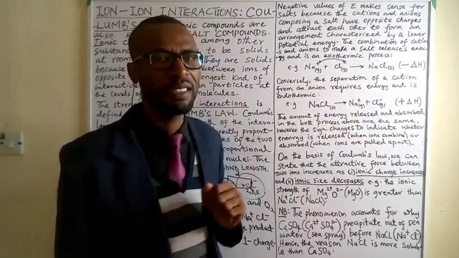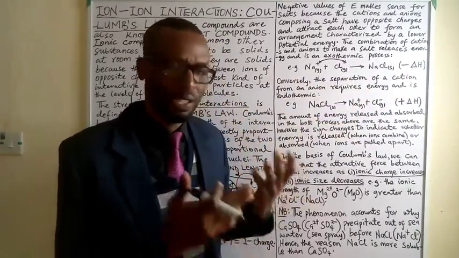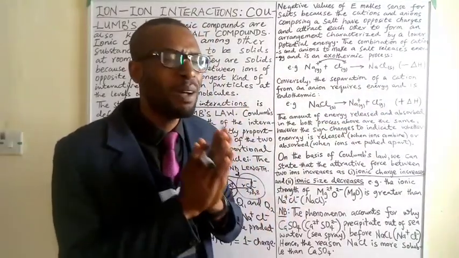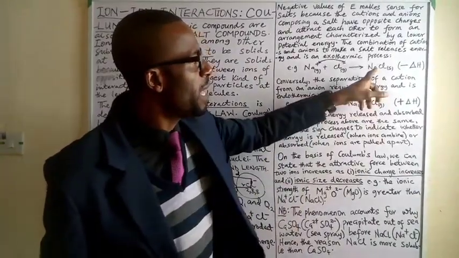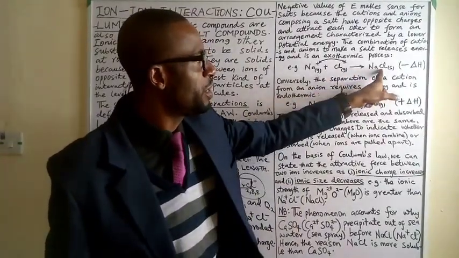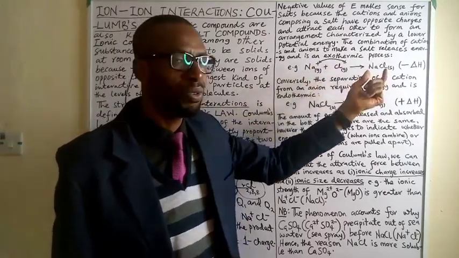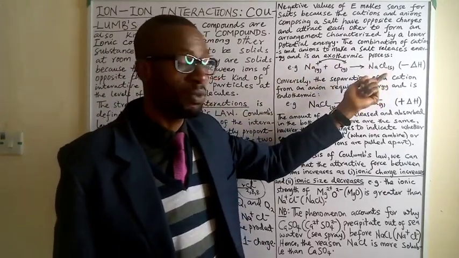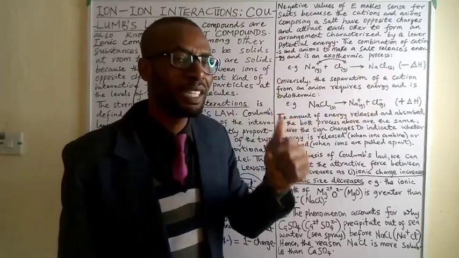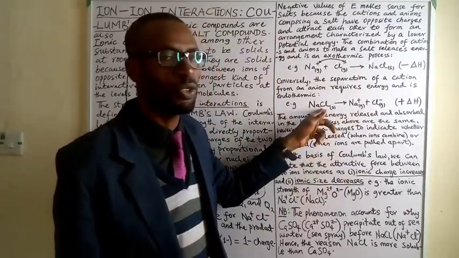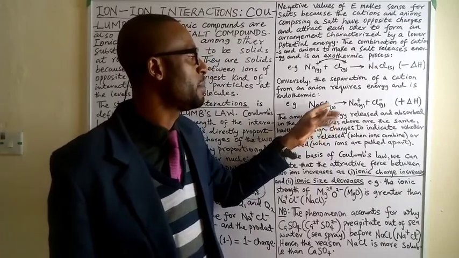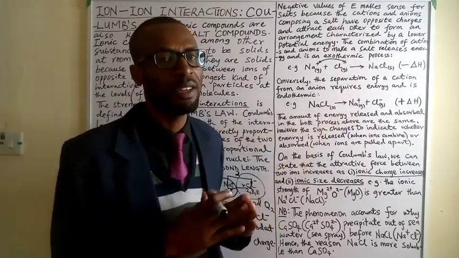Remember that energy is conserved. The same amount of energy that was released to form the ionic bond that combines sodium ion and chloride ion to make sodium chloride salt is exactly the same amount of energy that must be absorbed by this system to pull apart their ions again.